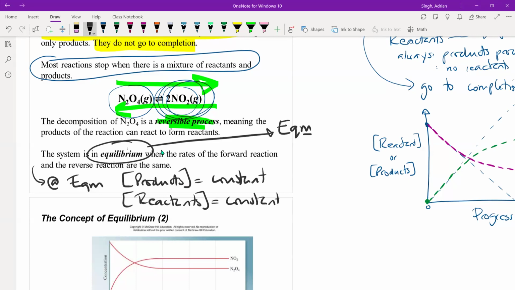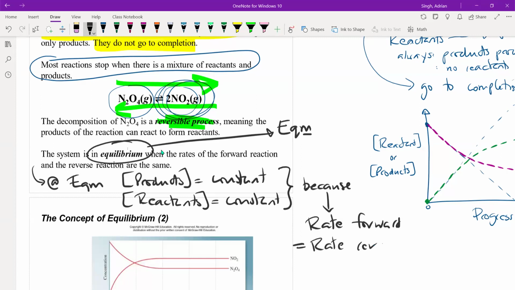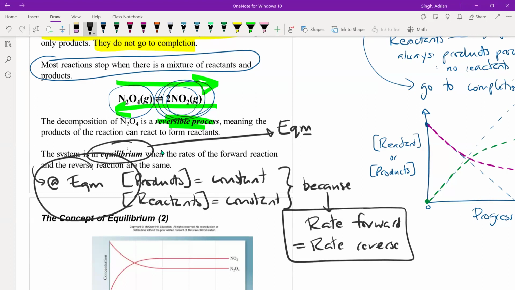And the reason why these don't change is because we can now tie in something we learned from the previous section, because the rate in the forward direction, left to right, is equal to the rate of the reaction in the reverse direction. Okay, and that's the criteria that needs to be satisfied for us to achieve this equilibrium process, right?